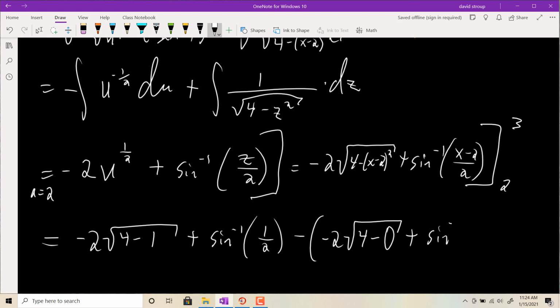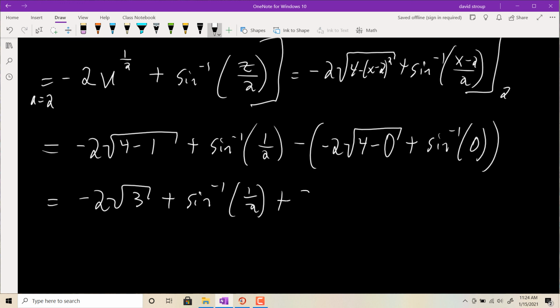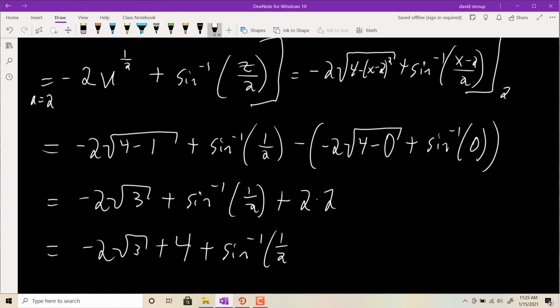Plus sine inverse of (2 minus 2) over 2, which is 0. So we'll have negative 2 root 3 plus sine inverse of 1/2 plus 2 times root 4, which is just 2, minus sine inverse of 0. Sine inverse of 0 is just 0. So we'll end up with negative 2 root 3 plus 4 plus sine inverse of 1/2.